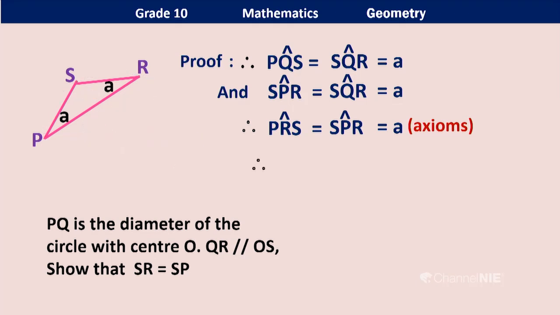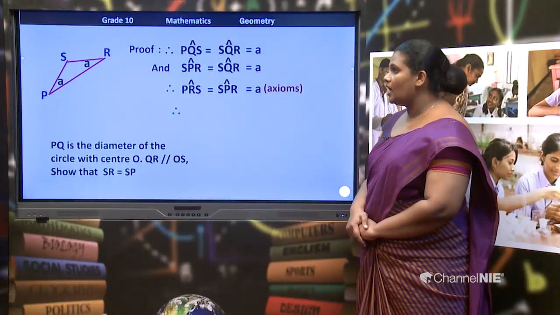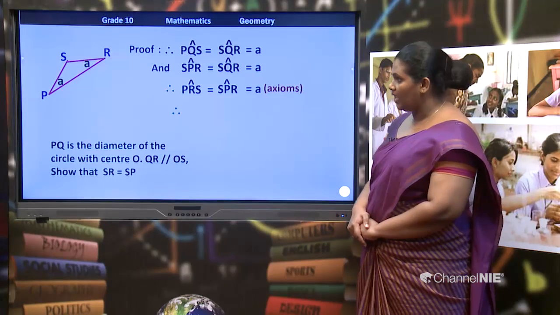Right. Once again, I have got a part of my figure. Therefore, I have got the triangle SPR. We know that angle SRP is equal to angle SPR is equal to A.